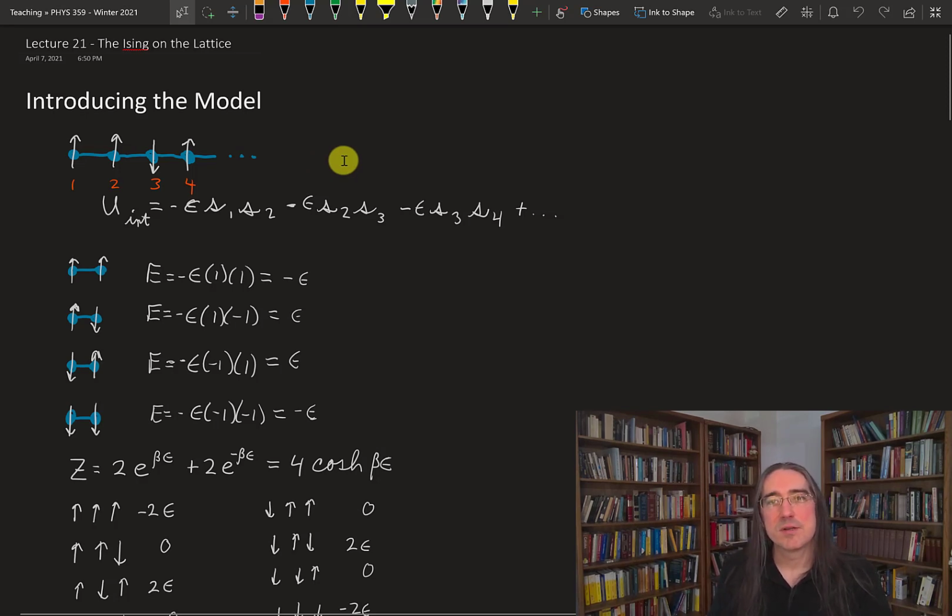It was first invented to try to understand ferromagnetism. If I have a piece of iron, or rather, iron's a bad example because it's an extremely strong ferromagnet, say a piece of nickel or cobalt, something that's ferromagnetic, at a sufficiently high temperature, then it will not be magnetized. But if I slowly lower the temperature, I arrive at a temperature called the Curie temperature, where the material spontaneously magnetizes.